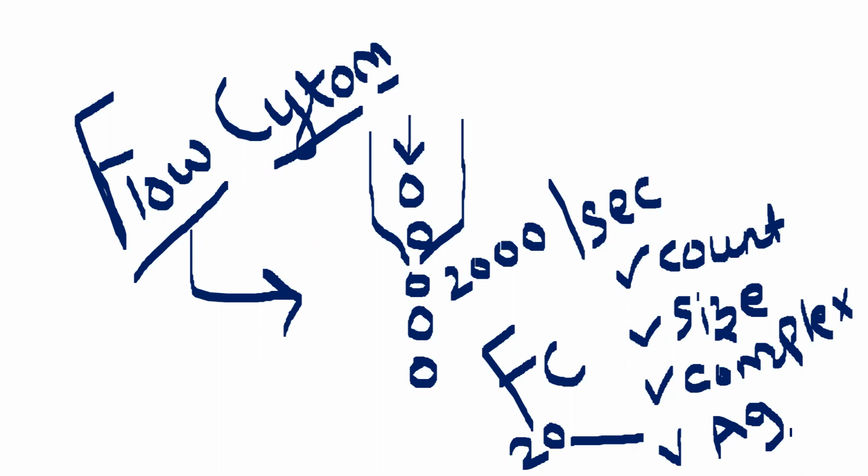Now, not only this, we have even more applications of flow cytometer. The other application is that I can sort the cells. You know what sorting means? See, out of these 20,000, I want to detect one particular CD. My antigen of choice is CD24. So here I got a CD24 cell.